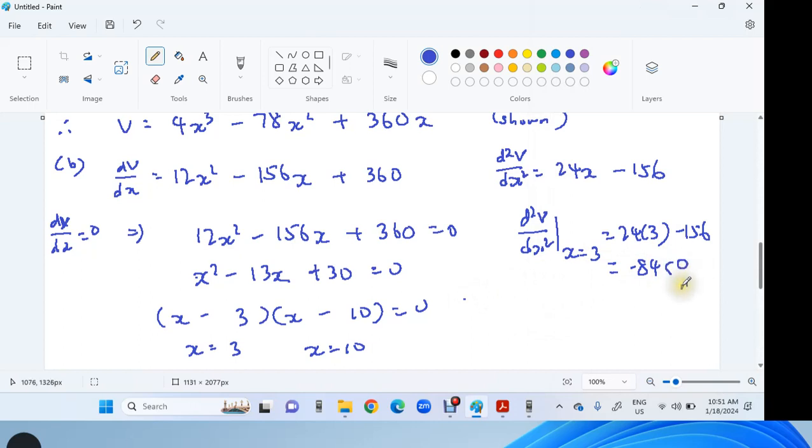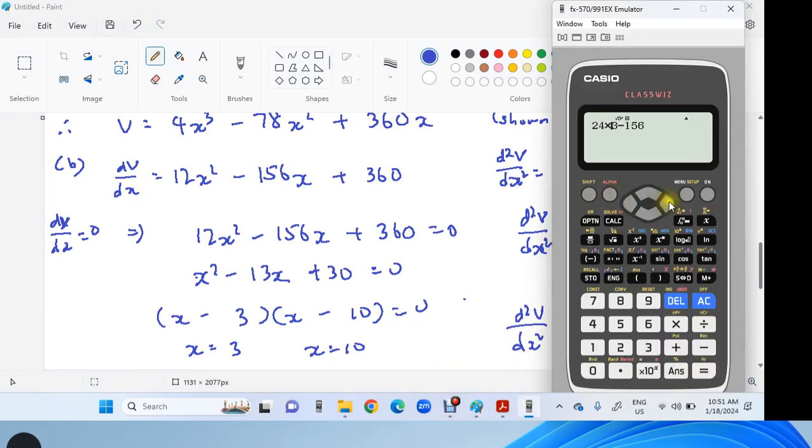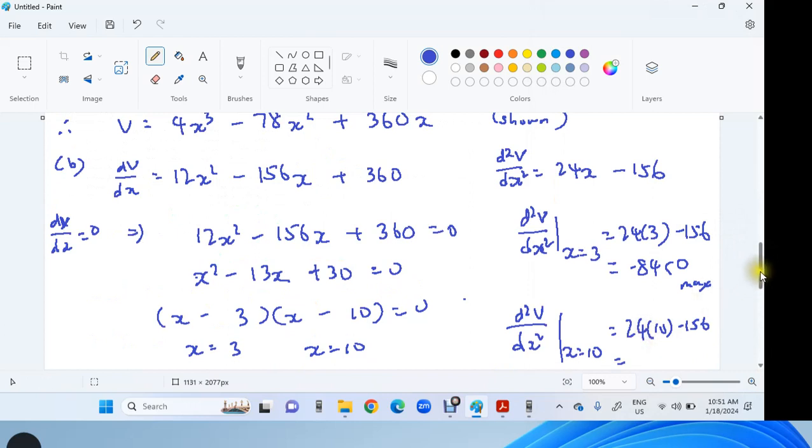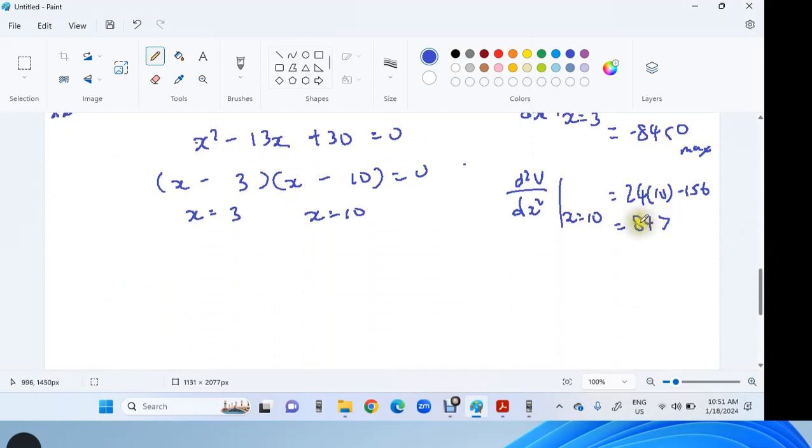Less than 0, so it is a maximum. Then the second derivative when x equals 10 is 240 minus 156, which is 84. So 84 is greater than 0, it is a minimum.